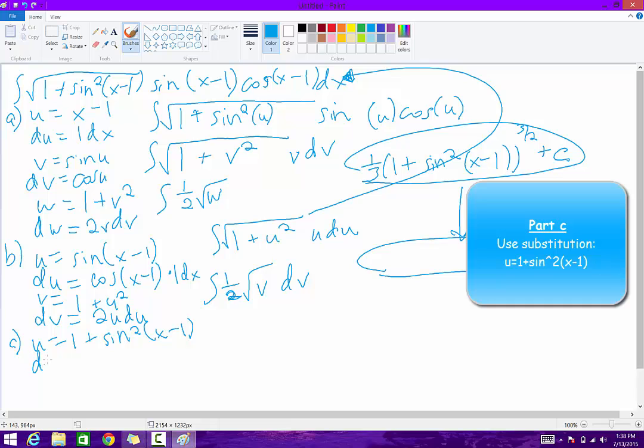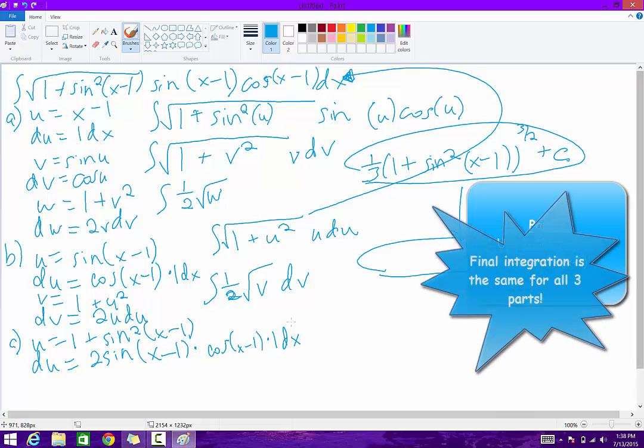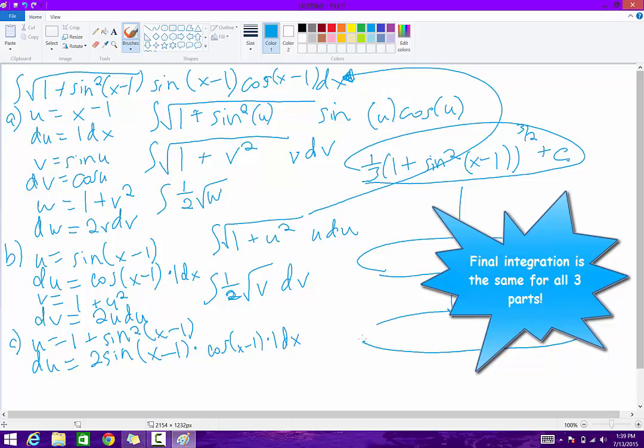The derivative of u is 2 sine of (x minus 1) times cosine of (x minus 1) times the derivative of what's inside the parentheses, which is just 1, all times dx. We can also evaluate the integral using the substitution from part C, and we would get the same thing as we got in part A and part B.